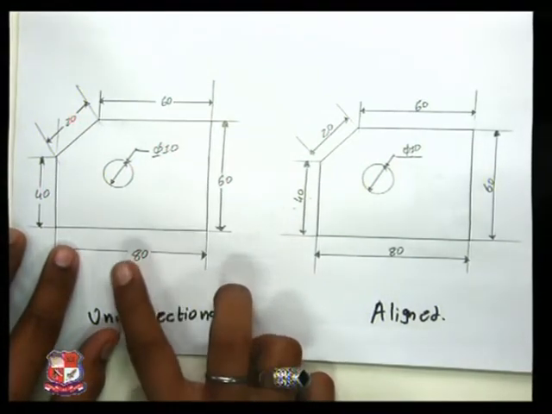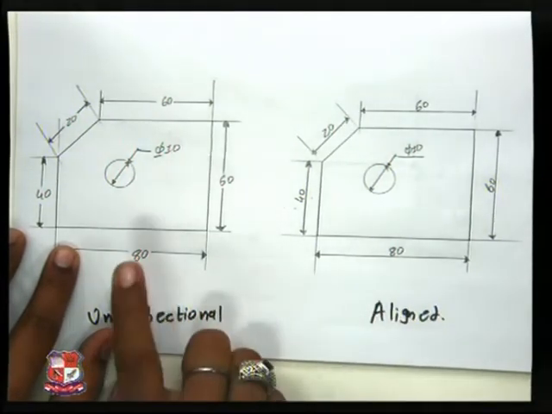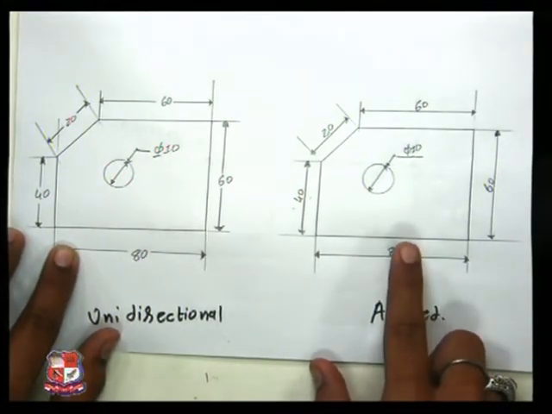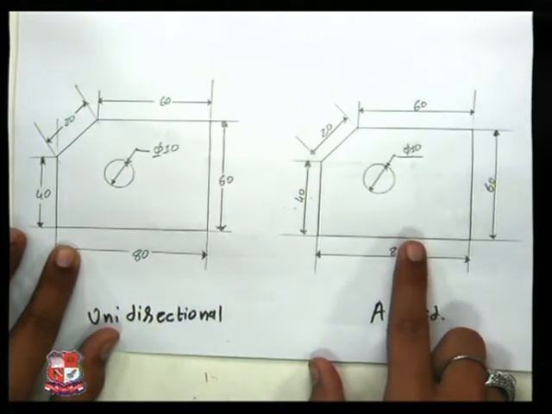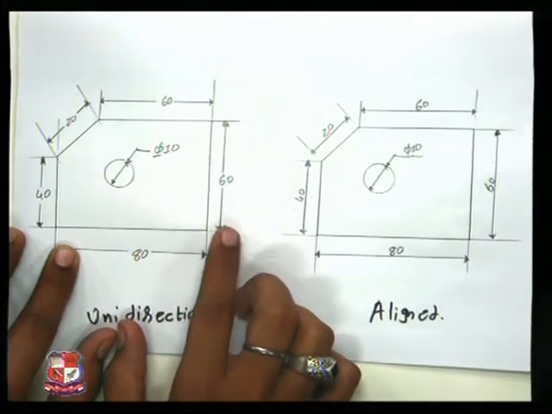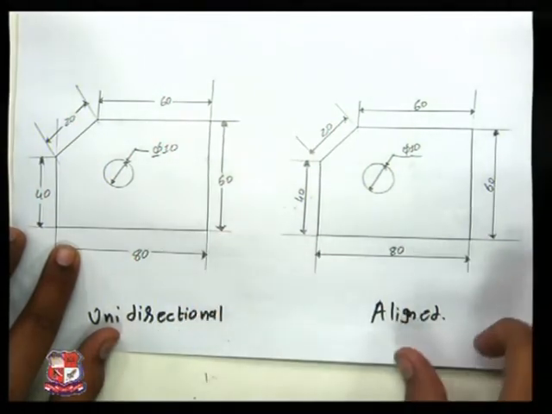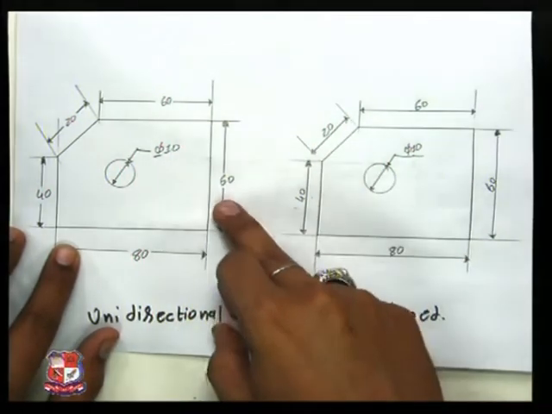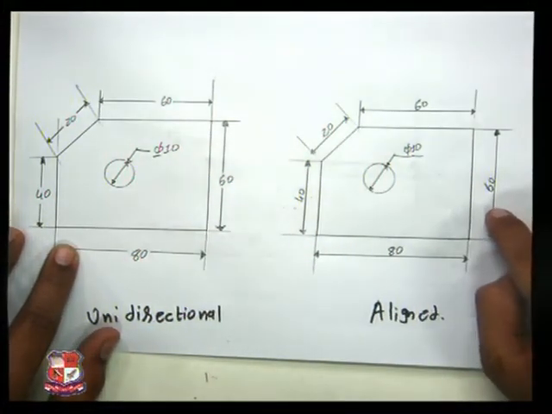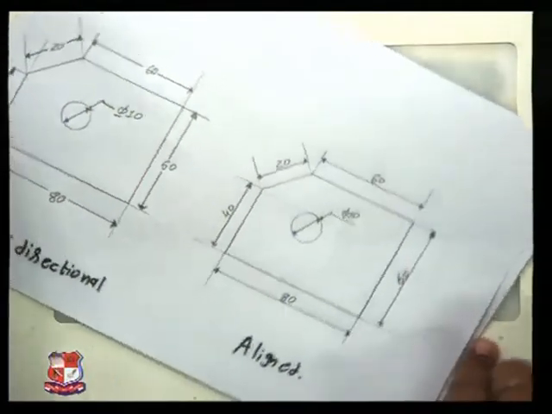This dimension line is broken in the middle. This dimension line is continuous. Dimension written in the break, dimension written above dimension line but in the middle portion. Let's see vertical dimension. Extension line on both sides, closed filled arrow on both sides. Dimension can be seen from the front side itself, whereas if we want to look at this aligned dimension, we need to turn the drawing.